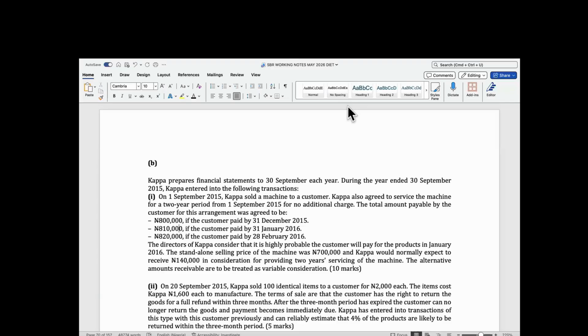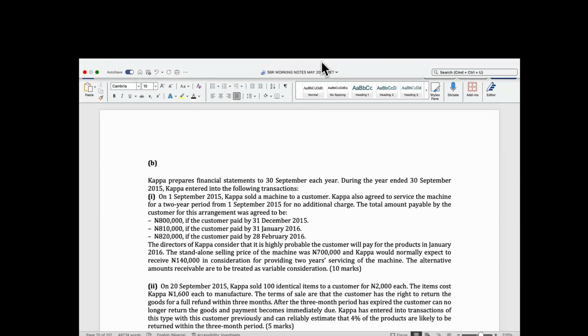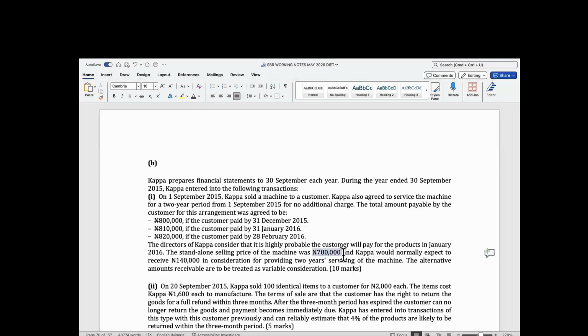Now, what do we do in this case? What we do is that we have identified that even though we're selling a machine and giving 2 years service for free, they are actually separate performance obligations because each of them has a standalone selling price.